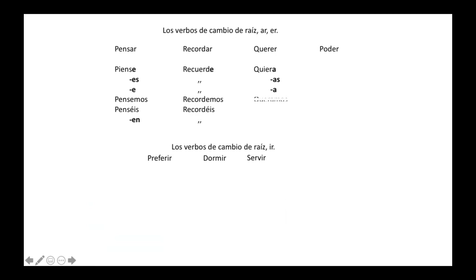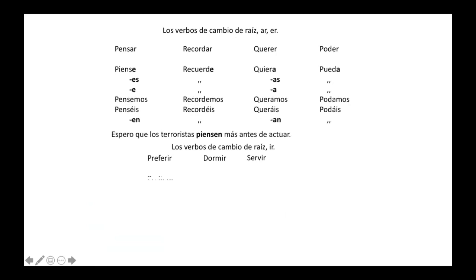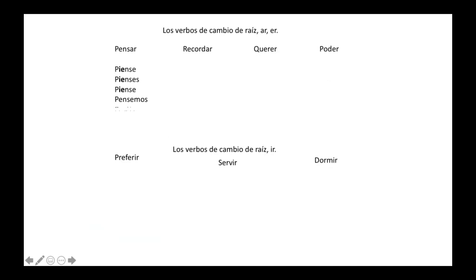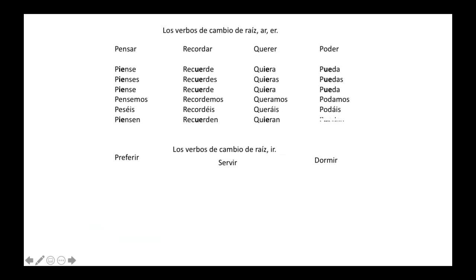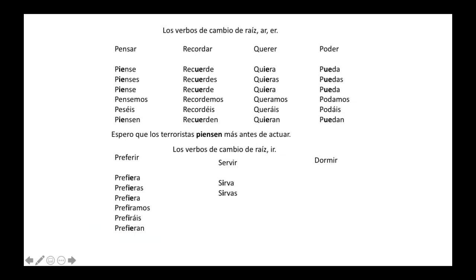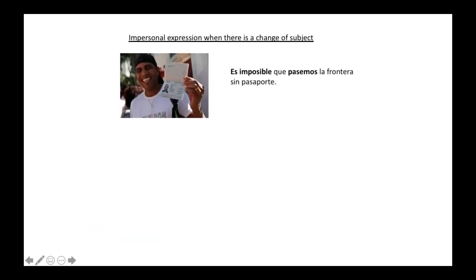Okay, then since we have limited time, I'm going to explain how to use the subjunctive. So these are the contexts in which you can use subjunctive.